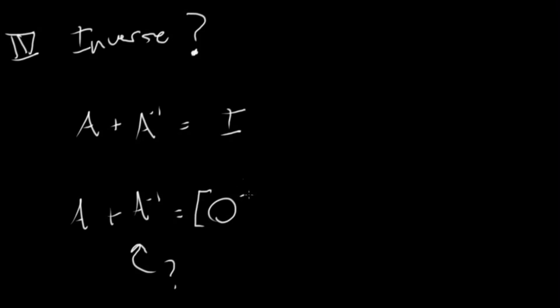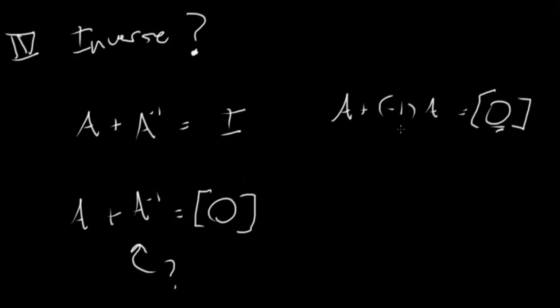I'm just going to write it like this for lazy sake. So A plus A inverse equals 0. Does this thing exist? Well, yes, because we have the multiplication of a scalar. We can do A plus -1 times A. That gives us 0. So yes, we have an inverse element for addition.